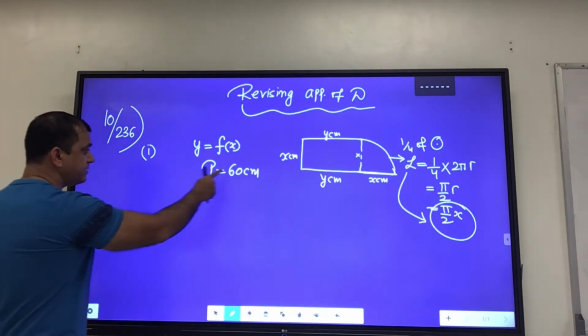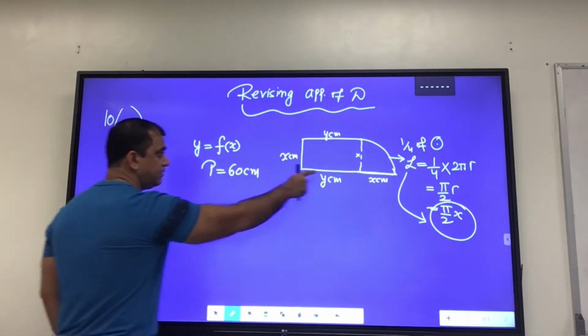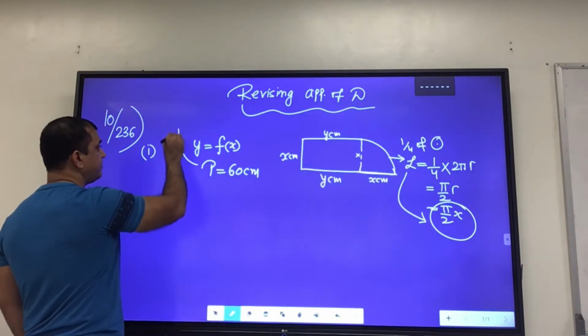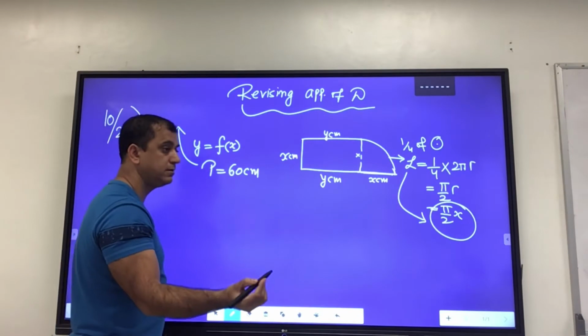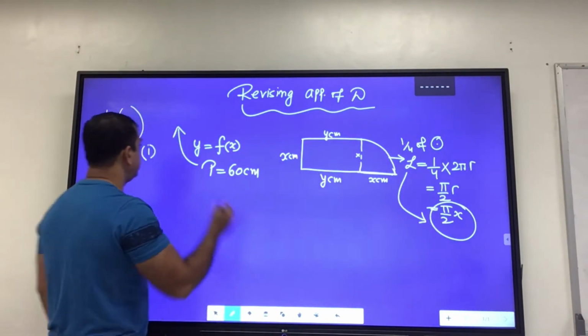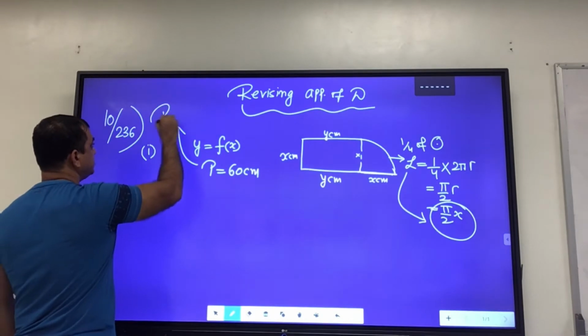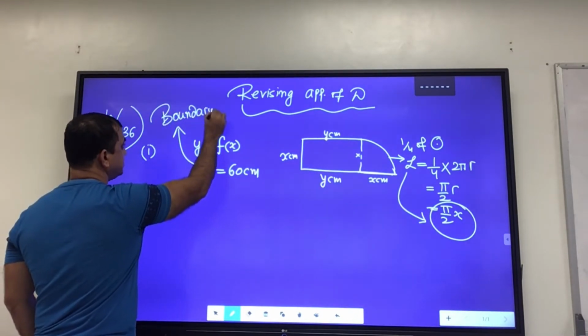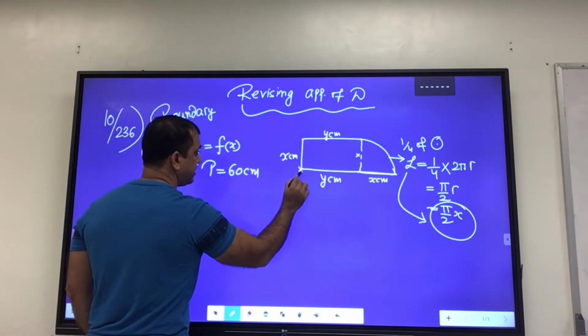Now, perimeter is 60, and let's put the values over here. Perimeter, one word please, perimeter means circumference, means boundary. The word perimeter means boundary. So look at the design and try to trace the boundary starting from here. We go like this, x.